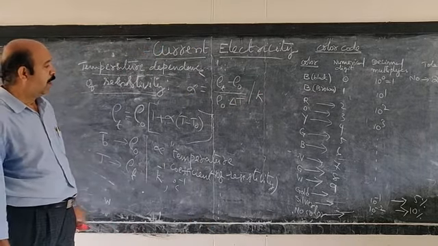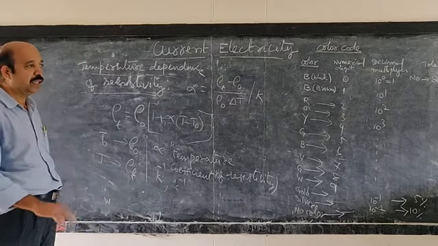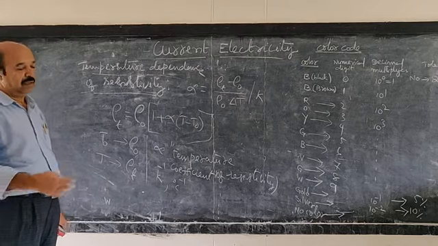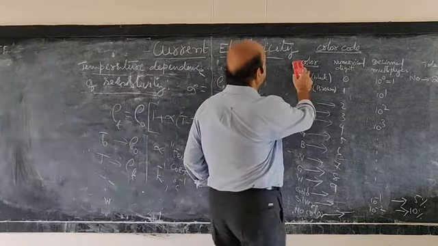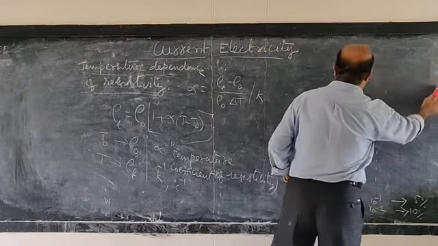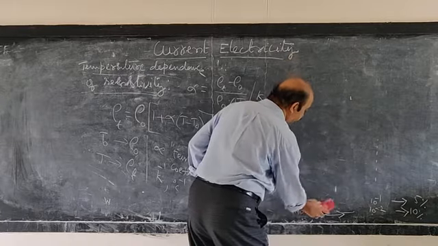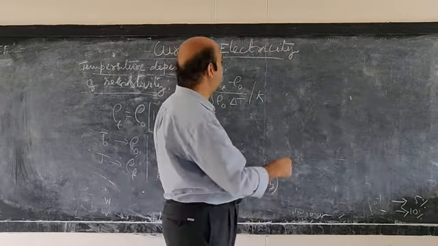Now, depending on this alpha value, the resistivity of different materials varies with the temperature. That can be explained like this. We know the formula for resistivity in terms of number of charge carriers and relaxation time.